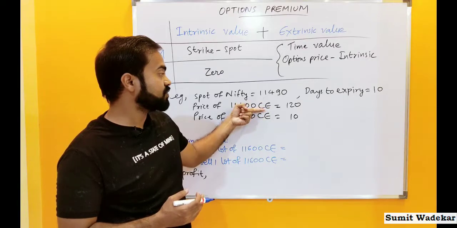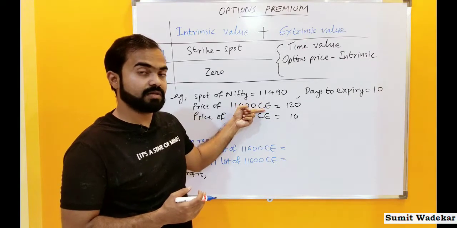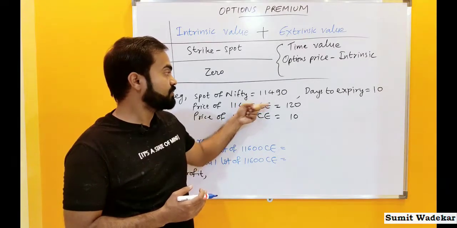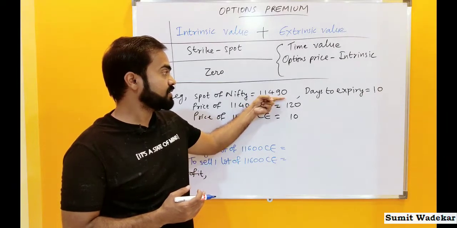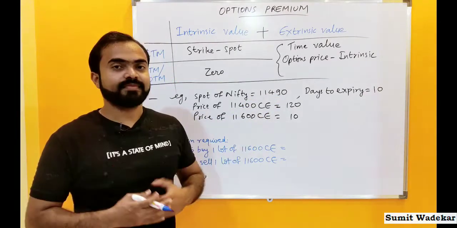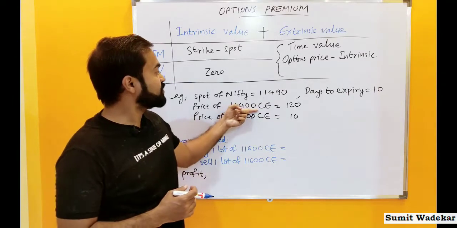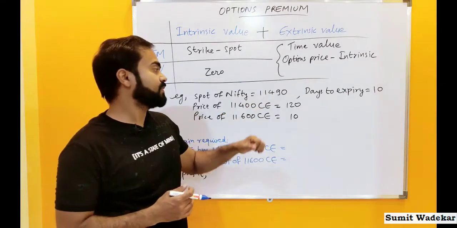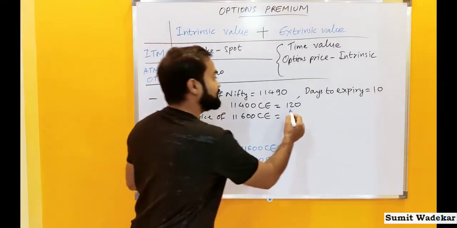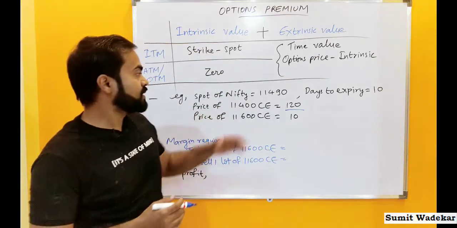Then the 11,400 call will be in the money because strike is below 11,490. Suppose it is having a premium of 120 rupees.